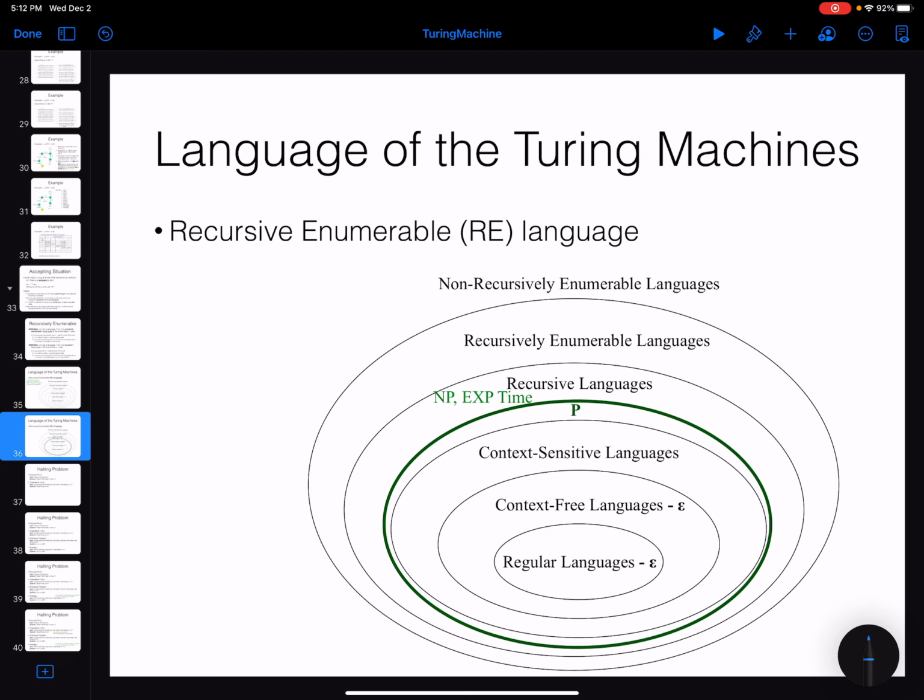We are talking about the computational capability, what problems we can solve, and then we also talk about how hard each problem is. Based on that, it becomes a part of one of these subsets.